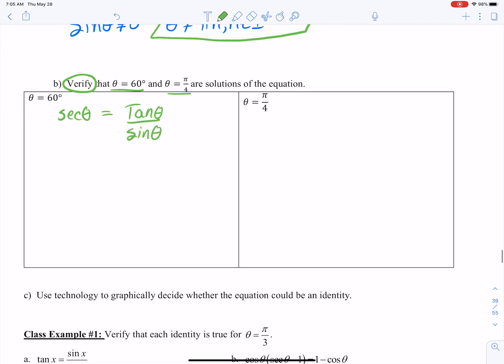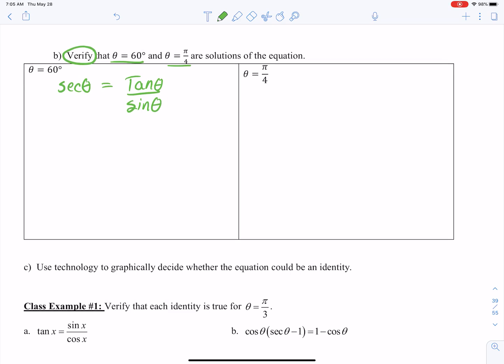When I verify, I simply sub in the angle. Actually, if I'm going to use the unit circle, I'm going to turn this into 1 over cos theta. And now I'm going to sub in the angle. So I know this is 1 over cos 60 degrees is equal to tan of 60 degrees over sine of 60 degrees.